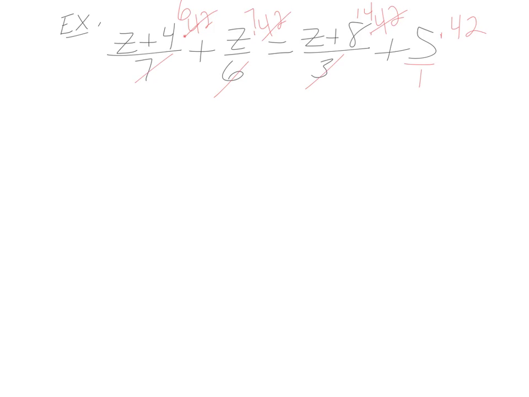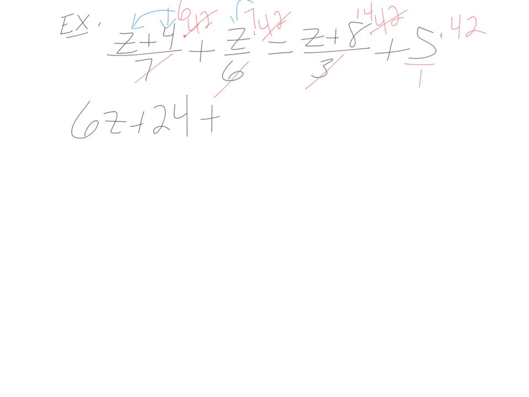Now, what I'm left with after the dividing needs to multiply by everything in the numerators, everything on top. So the 6 with the first fraction multiplies by both the z and the 4, giving us 6z plus 24.